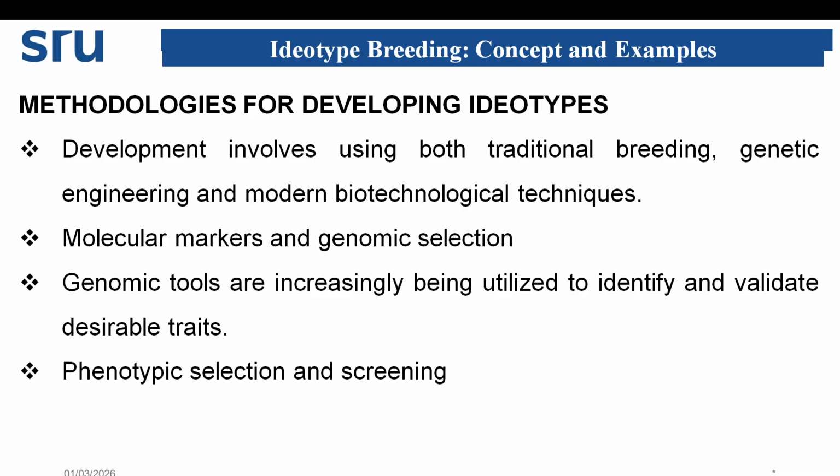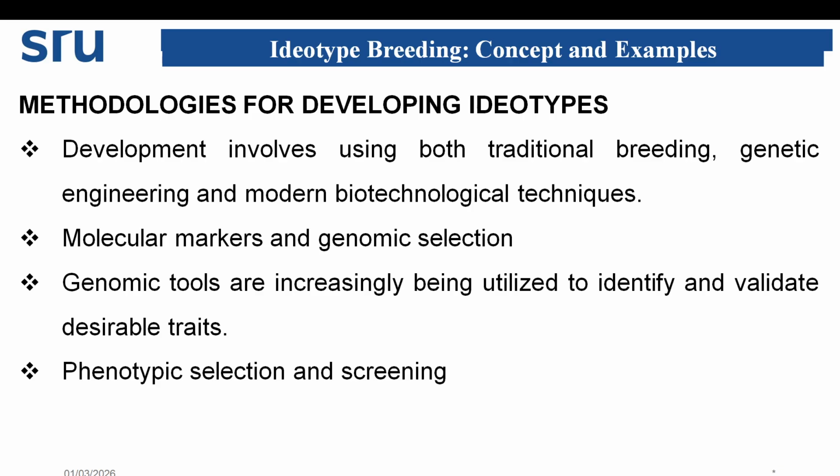So now some methodologies you can adopt for development of ideotypes. Development involves using both traditional and genetic engineering with some modern biotechnological techniques like molecular markers and genomic selection, and these genomic tools are increasingly being utilized to identify and validate the desirable traits.